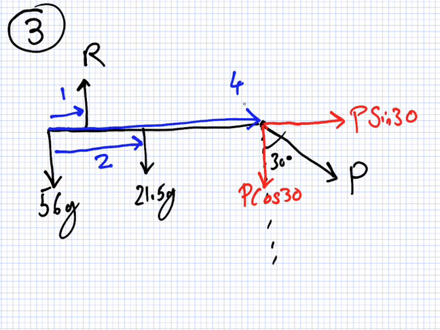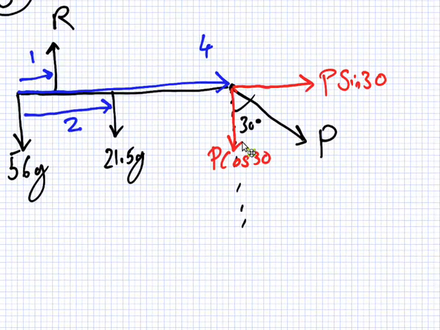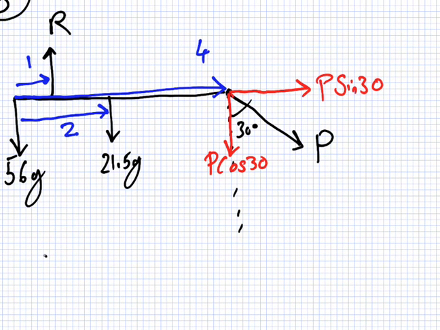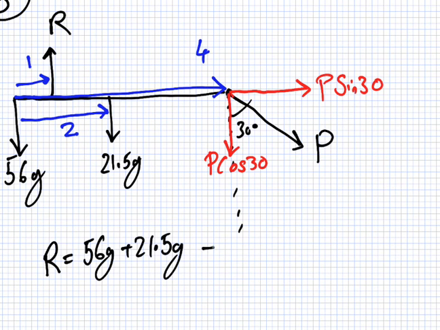Right, so let's see what we can make. I have OR equals 56G plus 21.5G plus P, hang on, I might be missing something here, P cos 30.